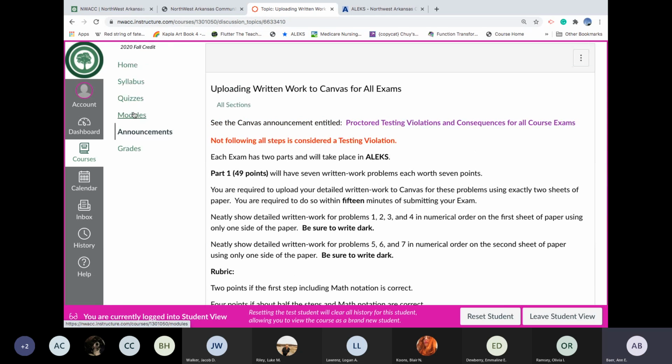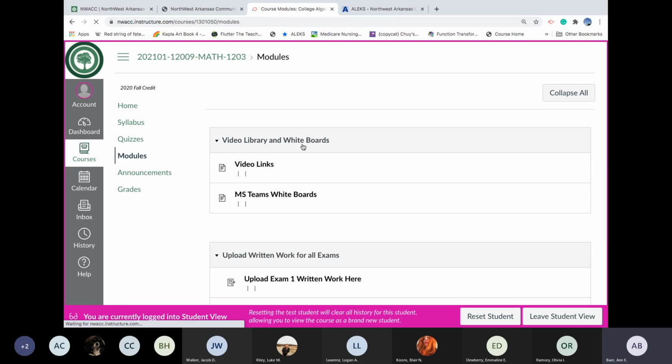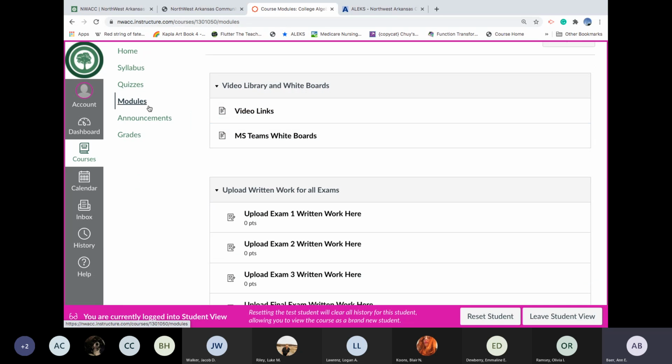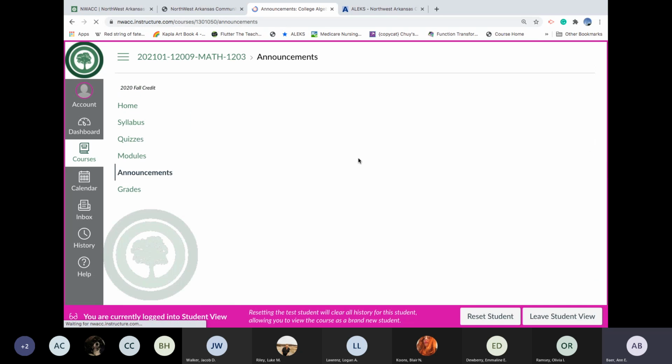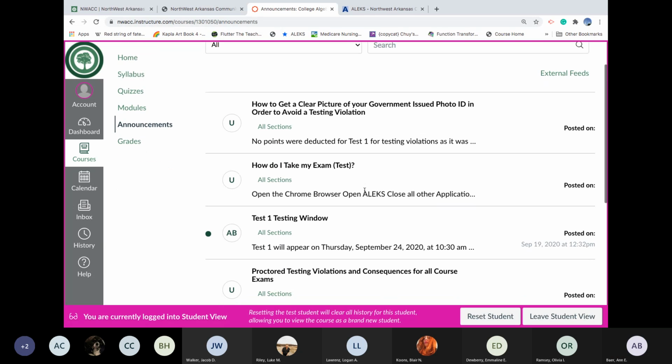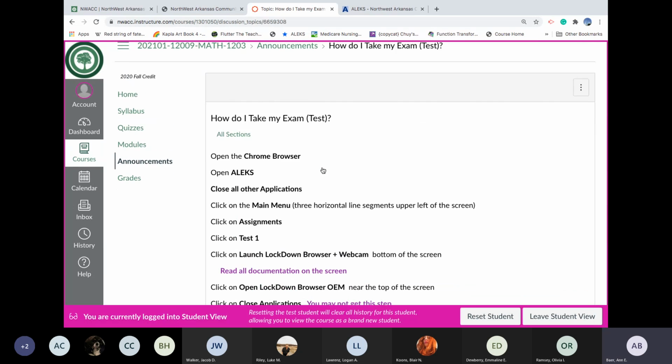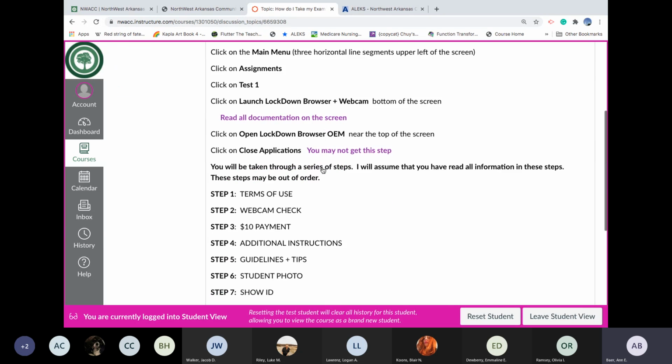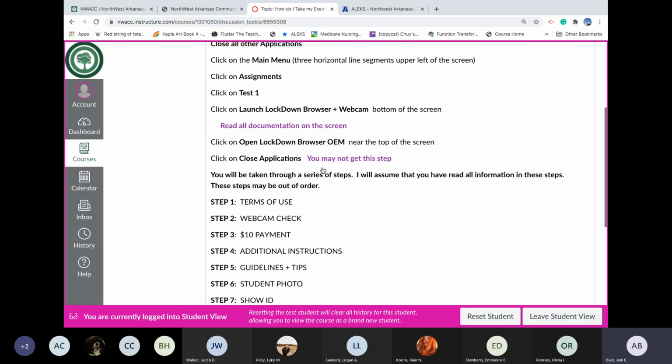Nope, that is not it. Let me just find this one, because I think this is very, very important. How do I take my exam or test? The second one. Yes, this is extremely important.